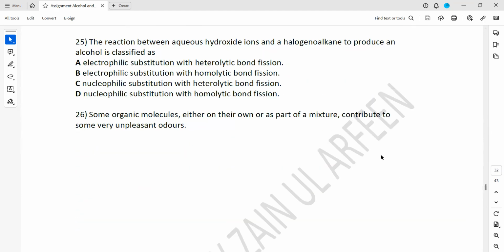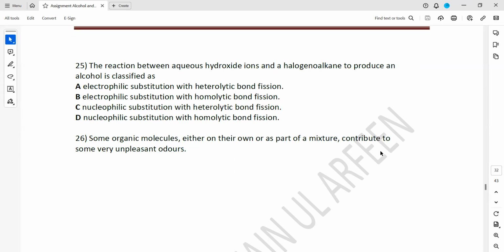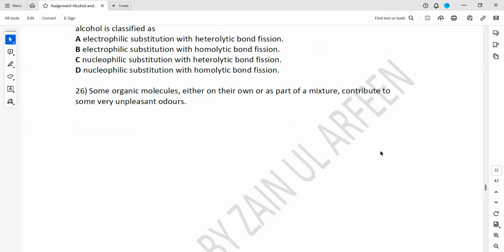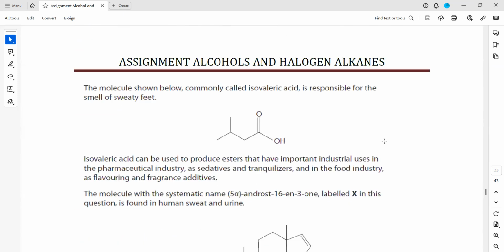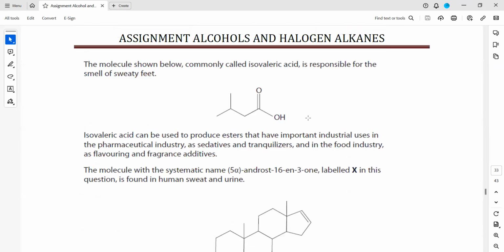So some organic molecules, either on their own or as part of a mixture, contribute to some very unpleasant smells, odors. The molecule shown below, which is called isovaleric acid, is responsible for the smell of sweaty feet.